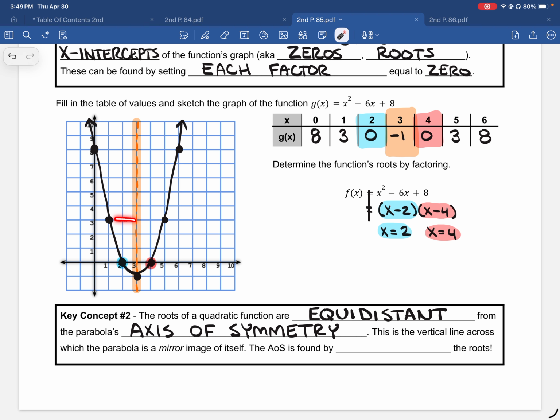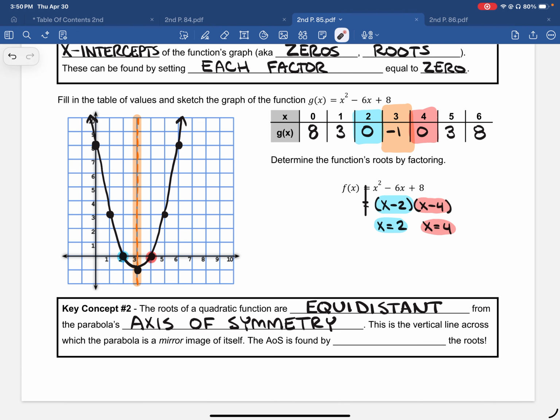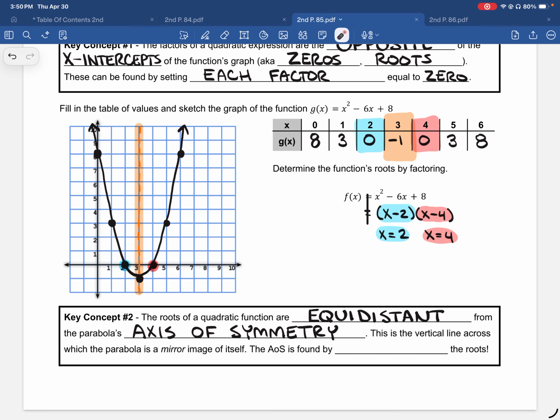So this point is 2 steps to the left. There's another point 2 steps to the right. So this is your mirror image. Everything on the left happens the exact same way as everything on the right. That's important because in order to find the axis of symmetry, which you will have to do, you can just find it by averaging the roots.